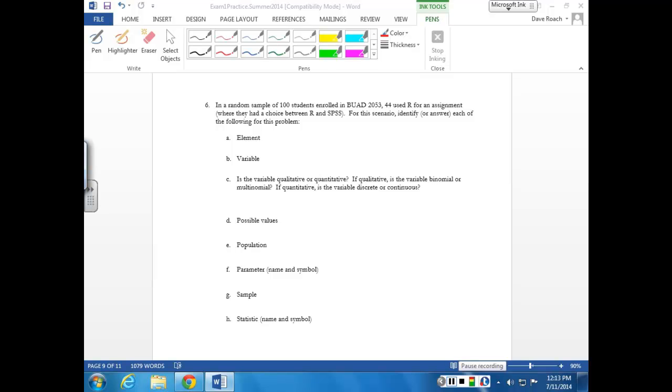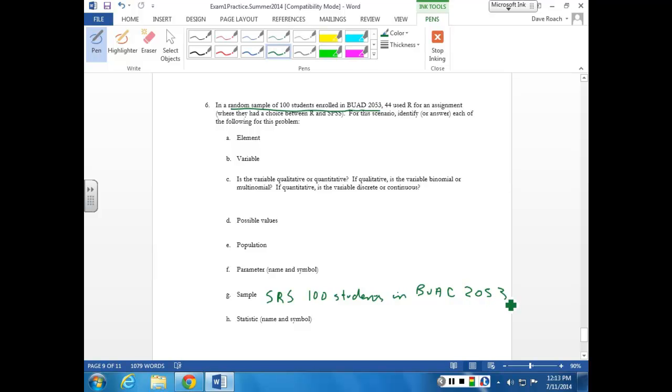So in number 6, again we have a random sample of 100 students enrolled in BUAD 2053. So that is our sample. I'll put SRS, simple random sample of 100 students in BUAD 2053.